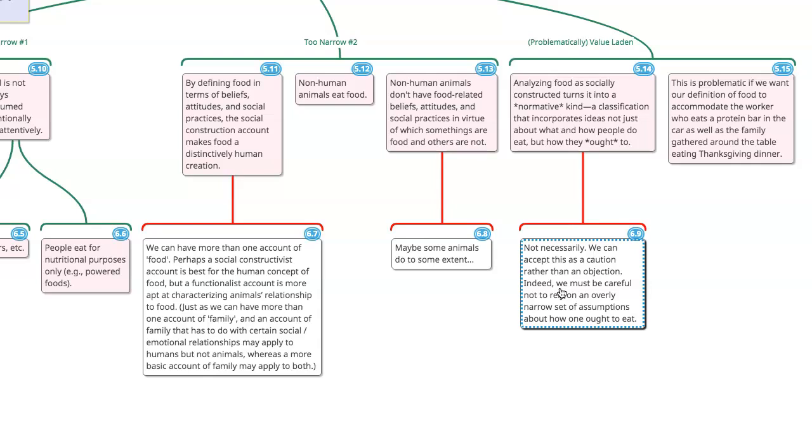We can accept this as a caution that we should be careful not to do this, or not to do it in ways that are overly narrow, because we don't want to be overly narrow when it comes to thinking about how one ought to eat. Throughout the course, we are going to consider claims about how we ought to eat, but maybe they will or won't have implications for what is and is not food, but we'll cross that bridge when we get there.